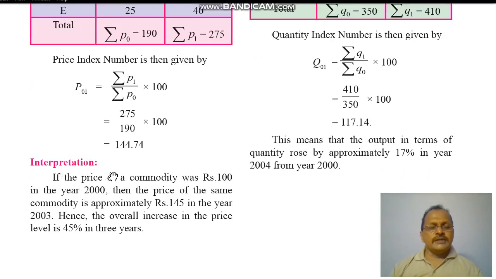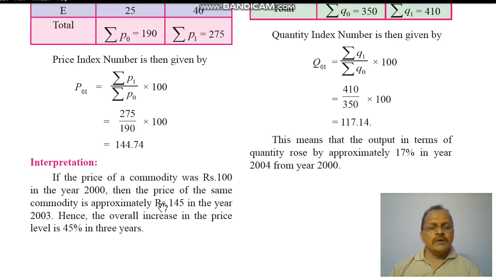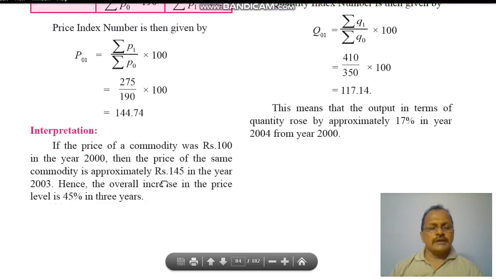We interpret this as, if the price of a commodity was rupees 100 in the year 2000, then the price of the same commodity is approximately rupees 145 in the year 2003. Hence, the overall increase in the price level is 45% in these 3 years.